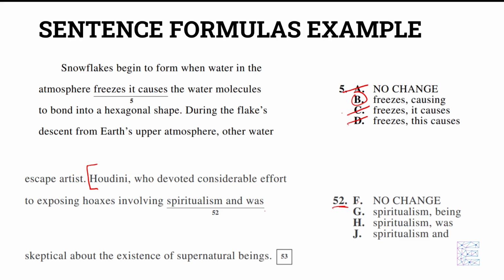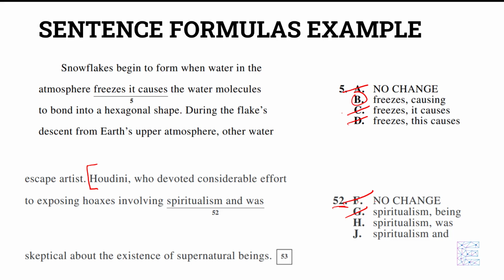F doesn't sound right because of this awkward "and was skeptical about," so F is incorrect. What about G? "Houdini, who devoted considerable effort to exposing hoaxes involving spiritualism, being skeptical." That's the wrong tense, so G is out. What about H?